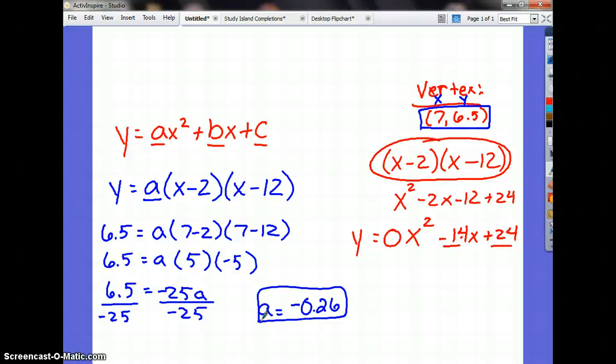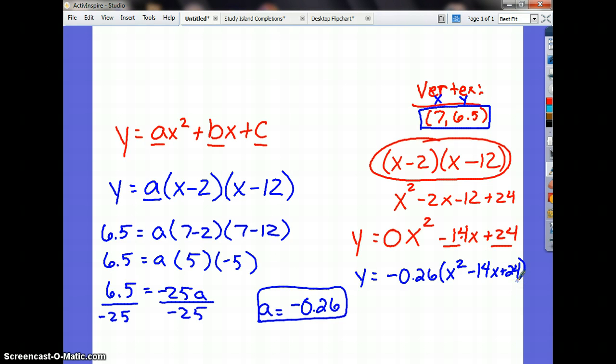So the way this works is, I'm going to take my original equation, and just like we were factoring out a greatest common factor, I'm going to have that negative 0.26 on the outside of my trinomial, and on the inside is the original that I had right here.